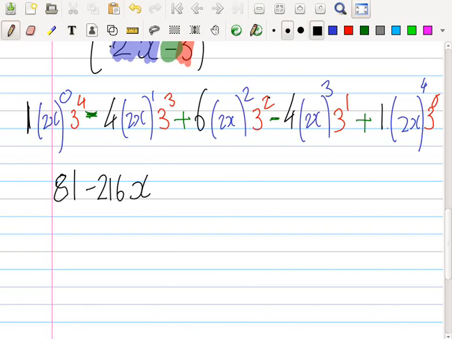Now, 3 squared, 9. 9 times 6, 54. 2 squared, 4. And 4 times 54, 216. X squared. Okay. 2 cubed, 8 times 4, 32. 32 times 3, 96.